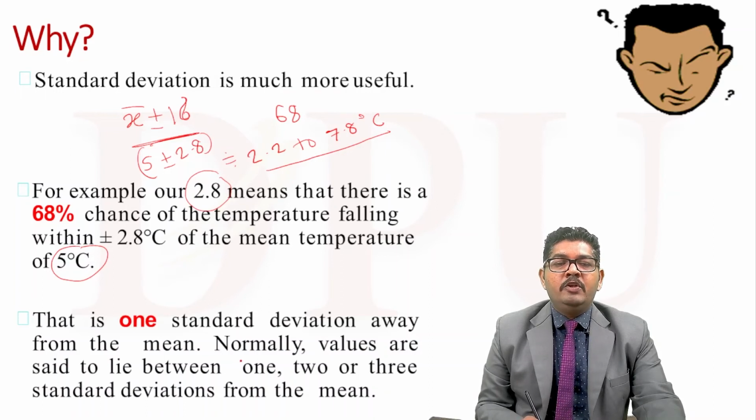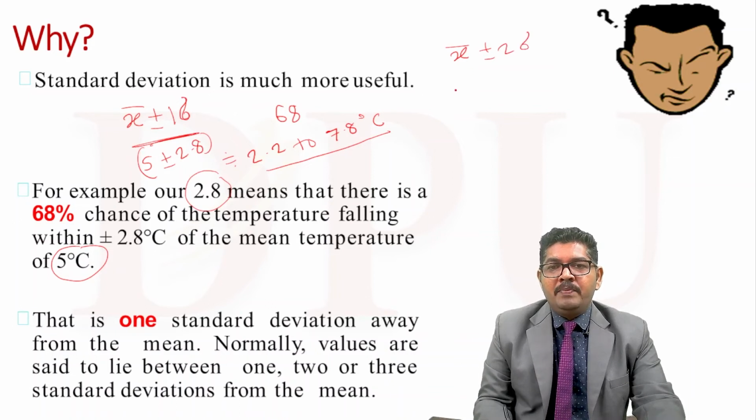Normally values are said to lie between 1 to 3 standard deviations from the mean. So if the values are 1 standard deviation away from the mean, there is a 68% chance that a value will lie in this particular range, x bar plus minus 1 sigma. When we take 2 sigma, that is x bar plus minus 2 sigma, where x bar is 5 in this case, so 5 plus minus 2 multiplied by 2.8.